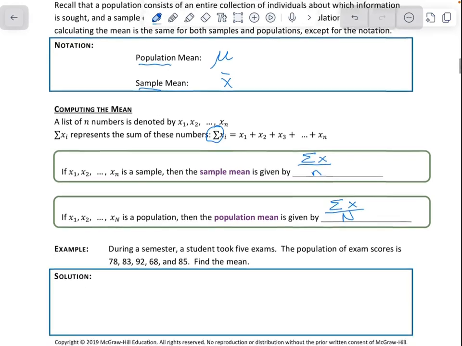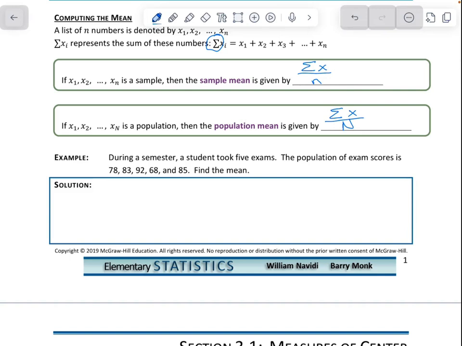Now, first example, we have only 5 pieces of data, so we would add them up. 78 plus 83 plus 92 plus 68 plus 85, and then divide by 5, because that's how many pieces of data we have.